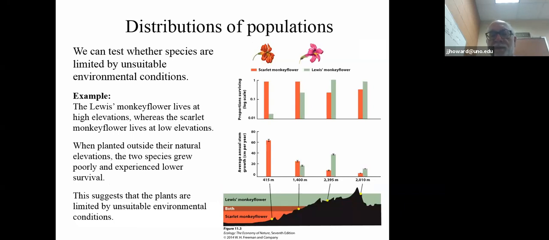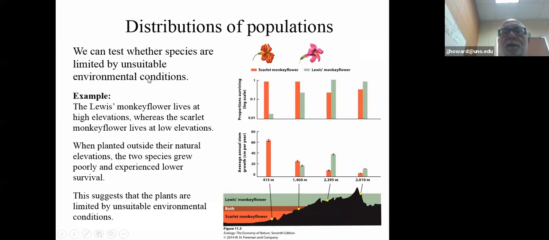So here's an experiment where we have 2 kinds of monkey flowers, and we have this Lewis's monkey flower, the pinkish one, that grows at relatively high elevations defined by this gray bar. The scarlet monkey flower has this salmon colored bar, and it grows at much lower elevations that are kind of obscured by this little bar at the bottom of our graph. Sorry about that.